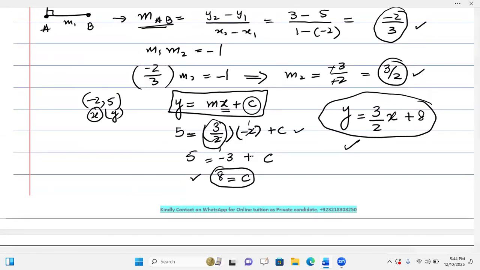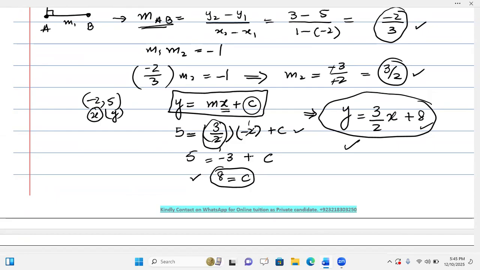Then c will be written in the final format as the line equation of the perpendicular for 4 marks. This is y is equal to mx plus c. The format is done for this question. It was June 2020 paper 1 variant 1, question number 23, related to coordinate geometry.